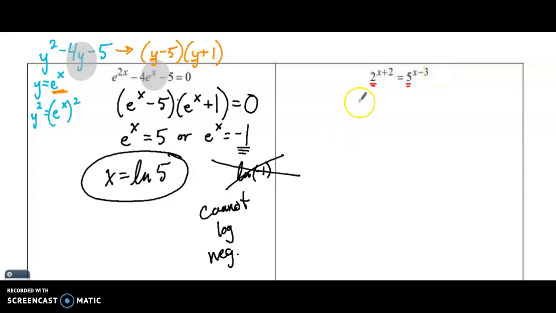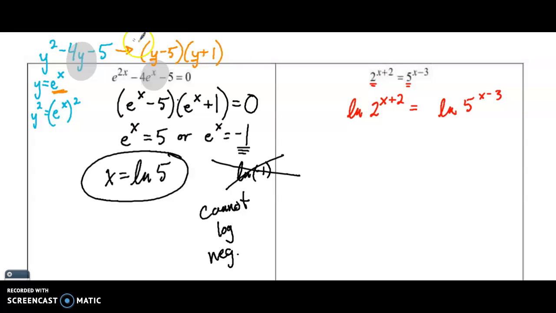Which log do you want to use? Most teachers like using natural log. I shouldn't say most teachers, but the teachers I've worked with have chosen to use natural log instead of any other log. But you can use any log.